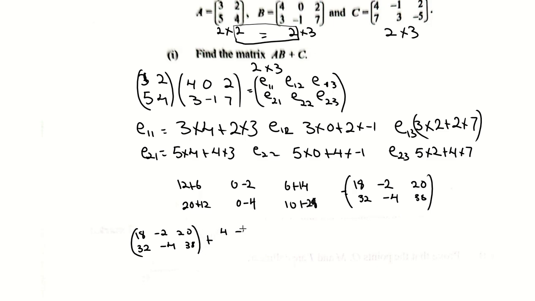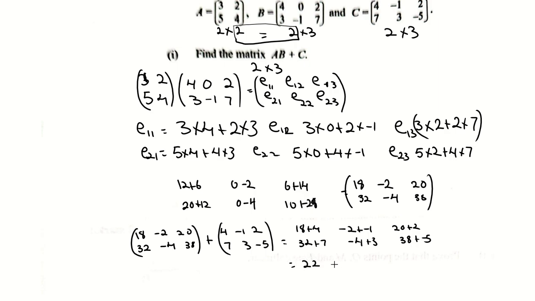plus 4, minus 1, 2, 7, 3, minus 5 is equal to 18 plus 4, negative 2 plus minus 1, 20 plus 2, 32 plus 7, minus 4 plus 3, and then 38 plus minus 5. 18 and 4 is 22, minus 3, 22, 39, minus 1, and 33.